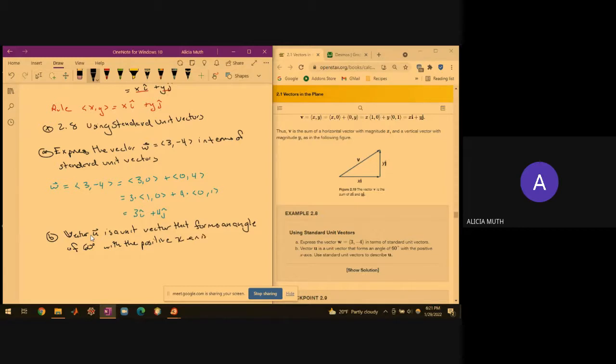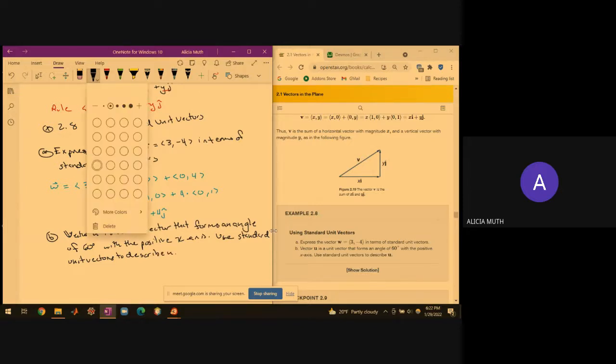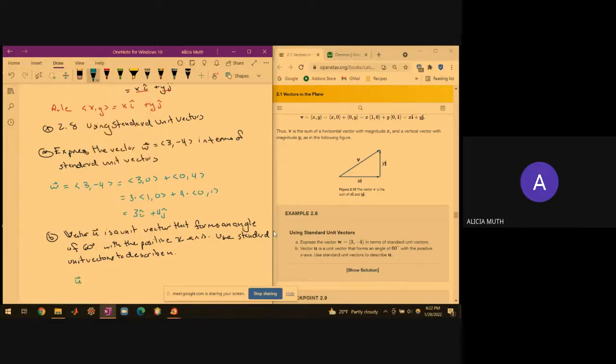We would like to use standard unit vectors to describe u. So as above, we are interested in writing this vector u as its x component, i, plus its y component, j.